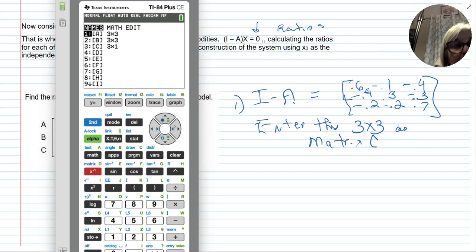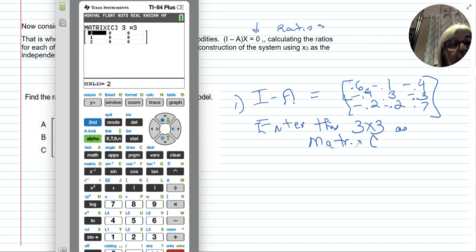matrix, and I'm going to edit, and I'm going to go all the way to C. And I'm making it a 3 by 3. All right, here I go. A decimal 6, negative 0.1. All right, negative decimal 4.